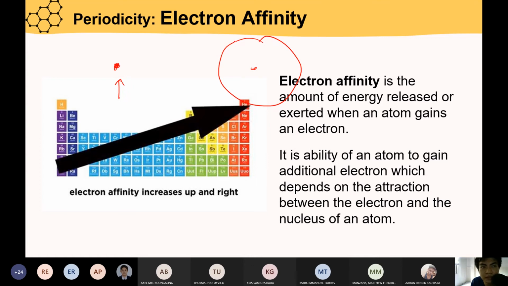So it doesn't feel that much attraction to the nucleus because it's too far. Okay? So that's why the trend is the opposite of the atomic radius. No? The smaller the atom is, the higher the electron affinity. Why? Because smaller atoms, yung electrons nila, they are much closer to the nucleus than bigger atoms.